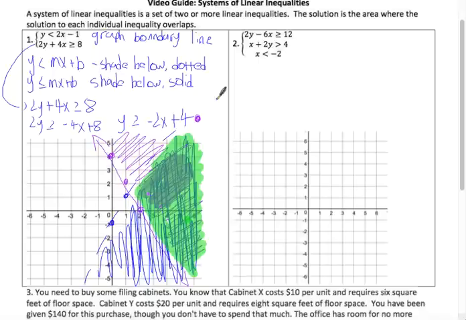We can graph systems of inequalities using the intercepts method, which can sometimes be a little bit faster, but sometimes a little more confusing. So first, to graph both of these lines, let's graph their intercepts. I'm going to ignore y for a second. If I get -6x equals 12, my x-intercept is -2.